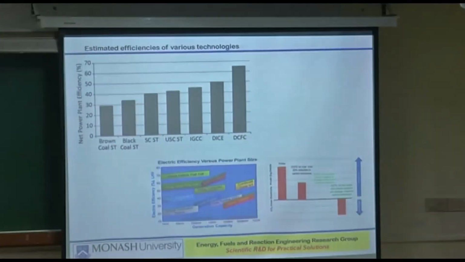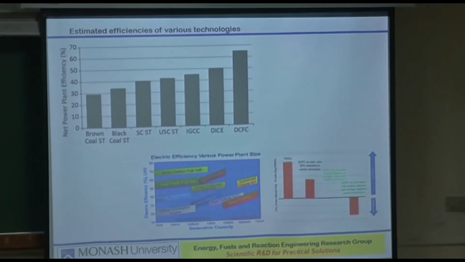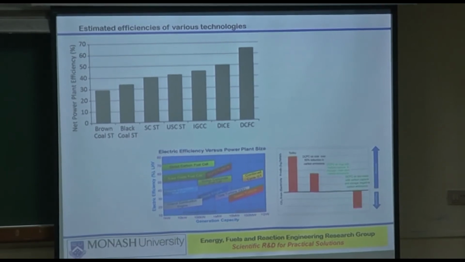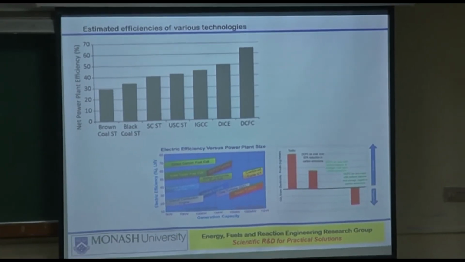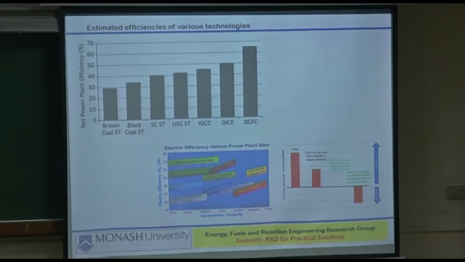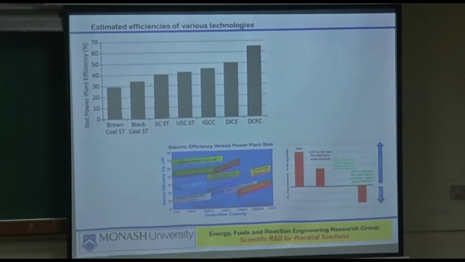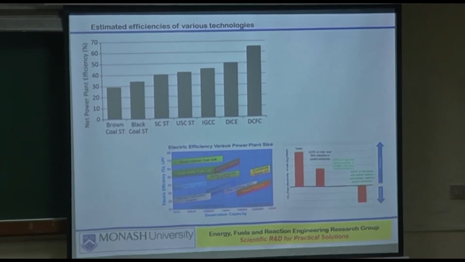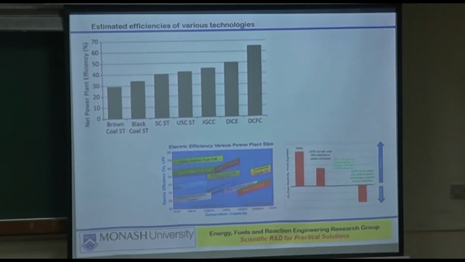Okay. So this is a graph that I took from some of our own calculations. The first one shows the net power plant efficiency on a lower heating value basis, unfortunately.